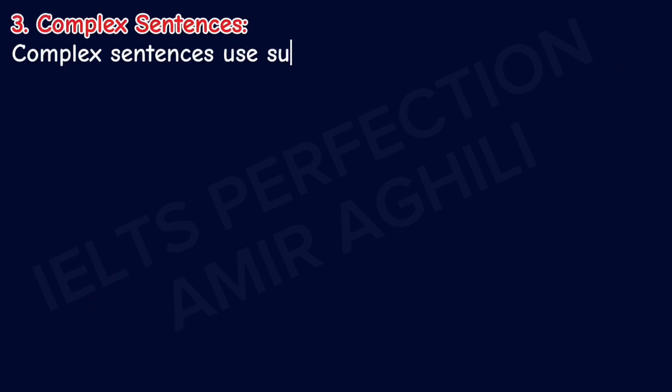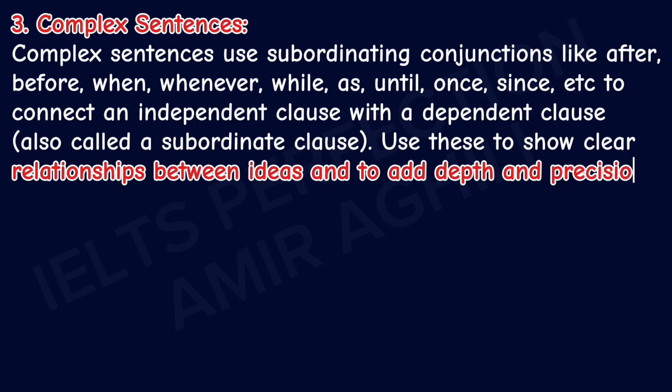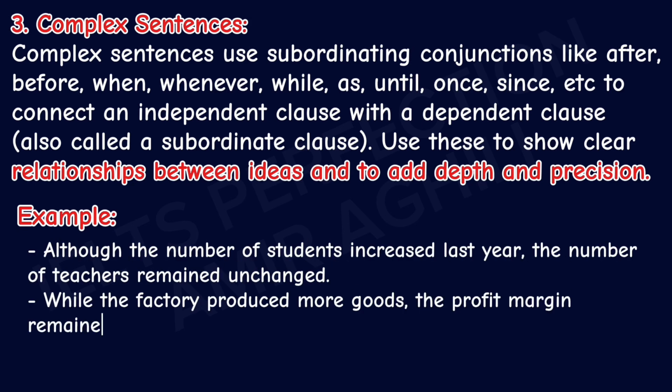The third type is the complex sentences. Complex sentences use subordinating conjunctions like after, before, when, whenever, while, as, until, once, since, etc. to connect an independent clause with a dependent clause, also called a subordinate clause.